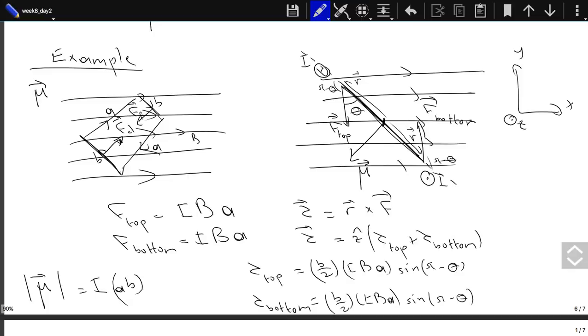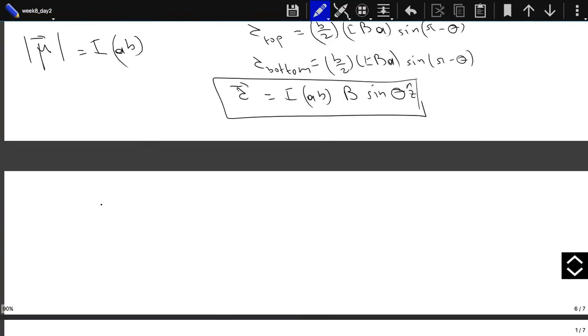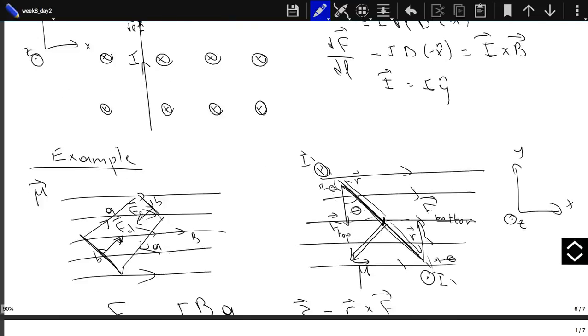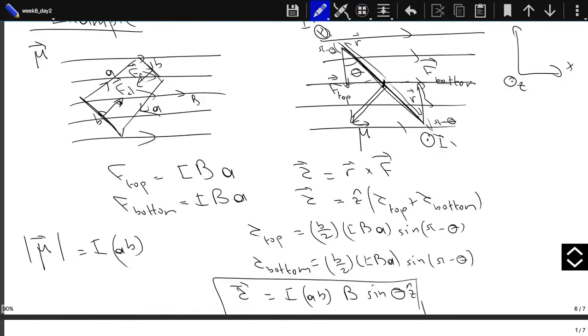Let's first see that. You see, this is B. This is mu. If we look at mu cross B, let's look at the magnitude. Now, what is the direction of mu cross B? This is mu, this is B. Mu cross B is towards you.